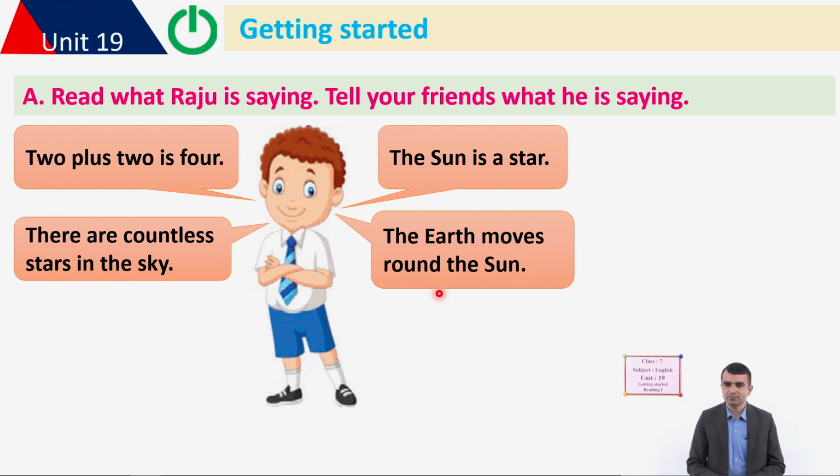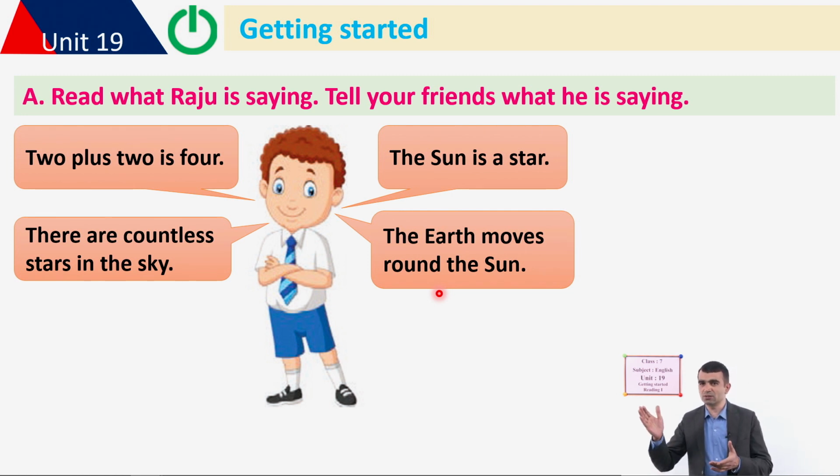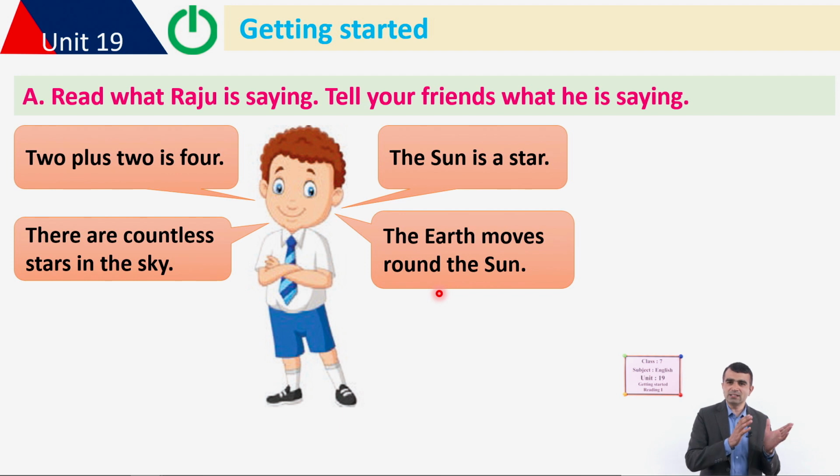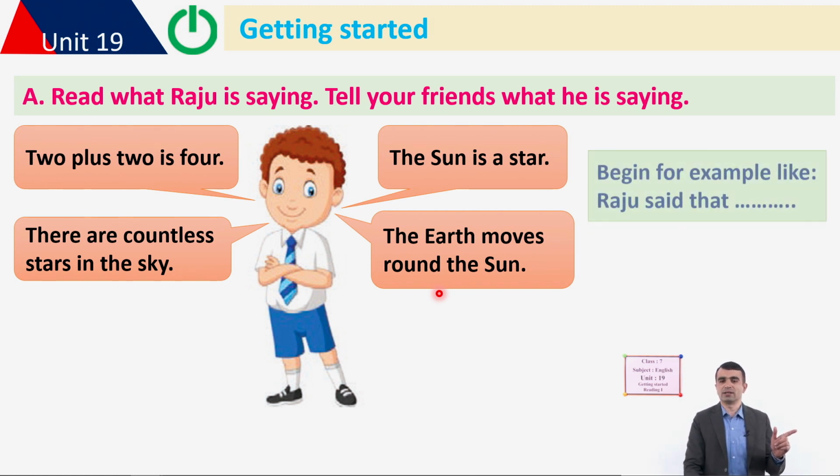Now, you should report Raju's statement. It means, suppose you heard Raju saying these things. Later, you meet some other people and tell what Raju said before. So, how do we start? You can start this way.